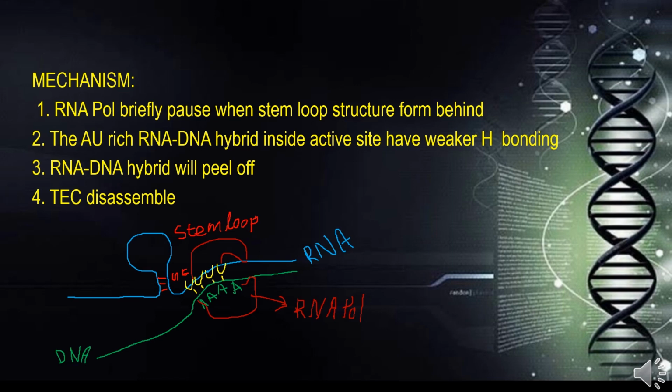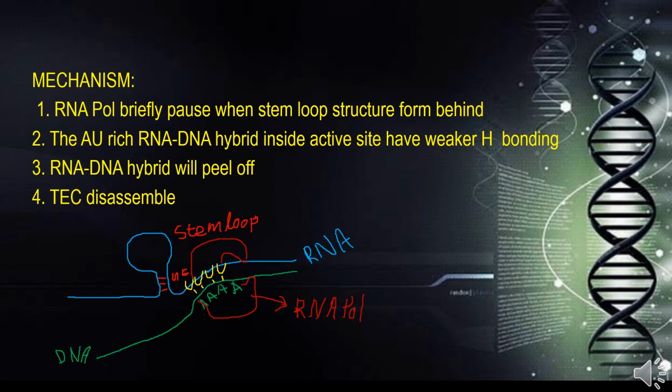Then we discuss the mechanism of intrinsic termination. First, a stem loop structure is formed in RNA due to its GC-rich region. RNA polymerase briefly pauses when the stem loop structure is formed behind. Then the following adenine-uridine-rich RNA-DNA hybrid inside the active site of RNA polymerase has weaker hydrogen bonding.